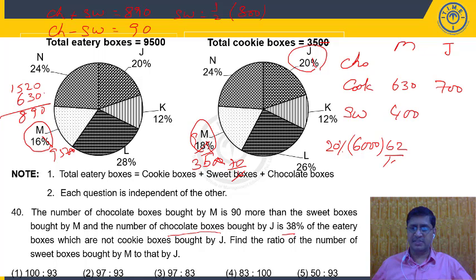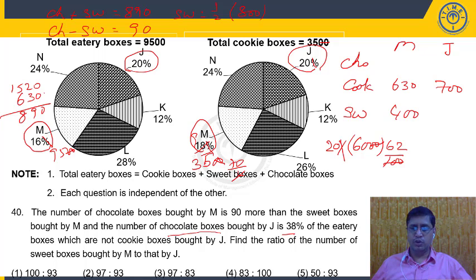So 62%. What is the discussion here? J total eatery boxes are 20 and here 20 is the cookies. So 20% of 9500 minus 3500 is 6000. So 20% of 6000, zeros and zeros get cancelled.